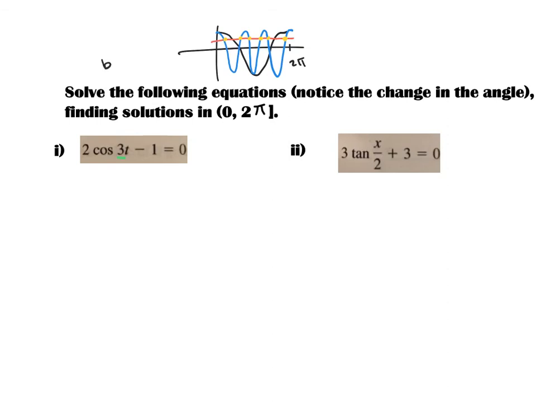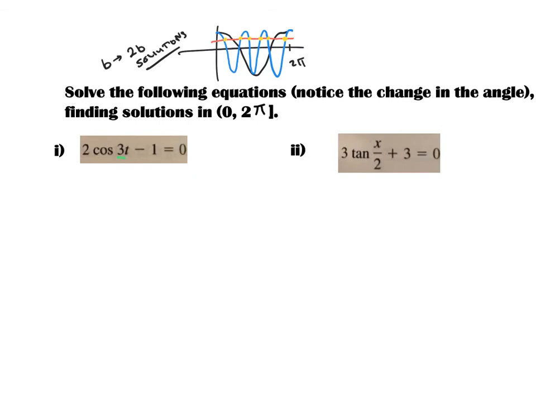So if we take b and we change it from 1, that will tell us that there will be 2b solutions. That's the word solutions, okay? So whatever b is, there will be 2b solutions on that set, okay?